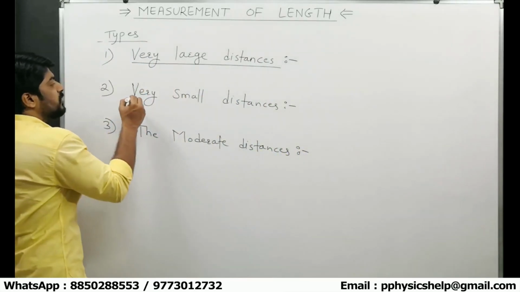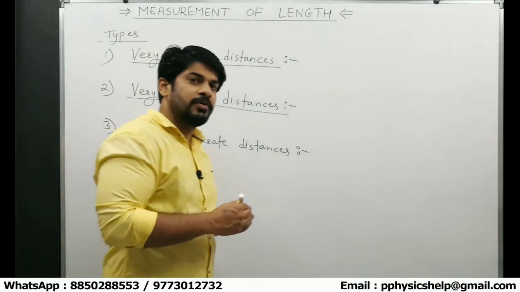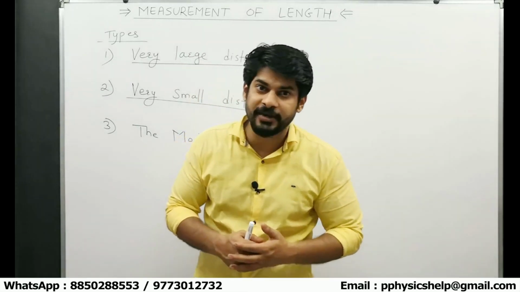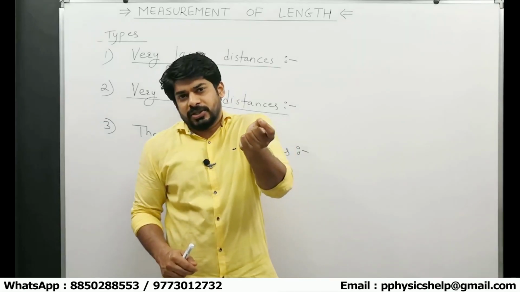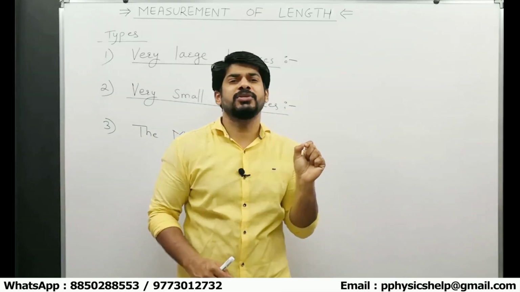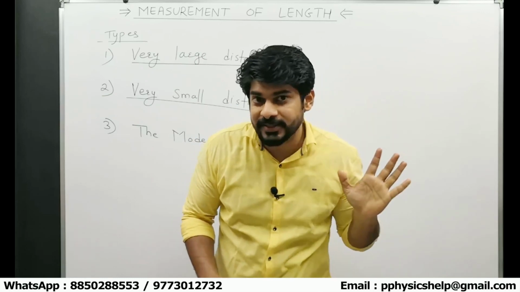Then the second is very small distances. What do you mean by very small? For example, imagine you have a paper in your hand right now. Just check out what the thickness of that page is. It's very, very thin, isn't it?